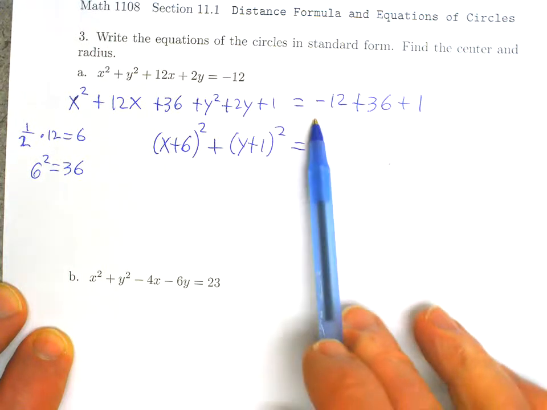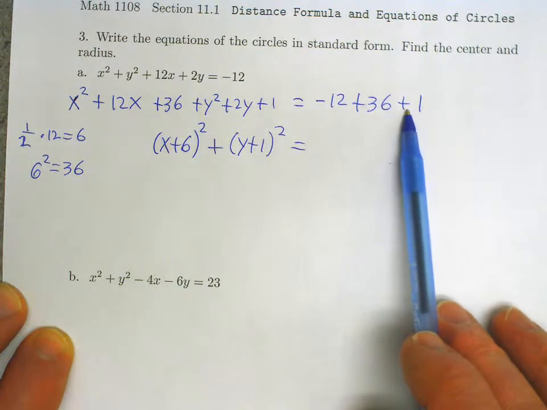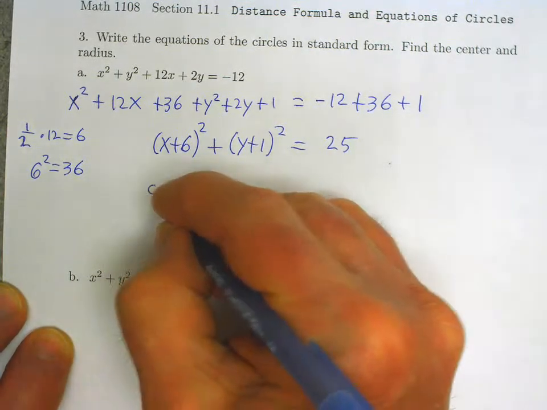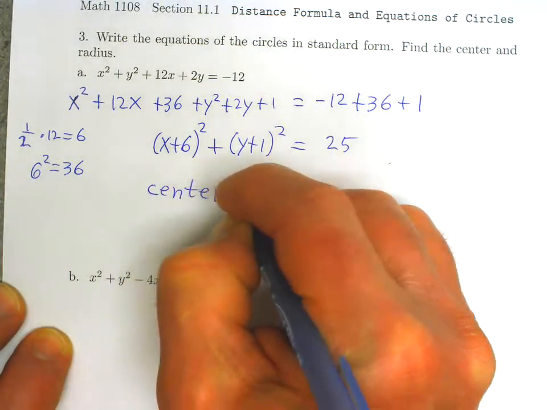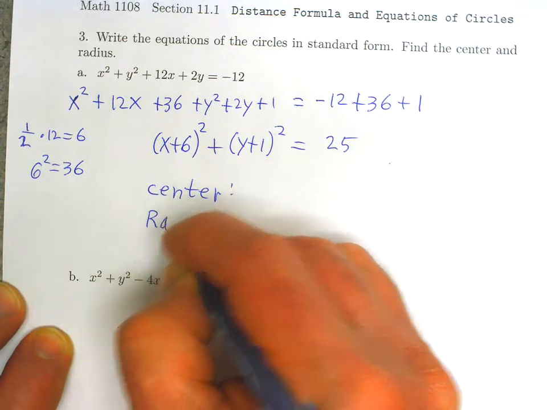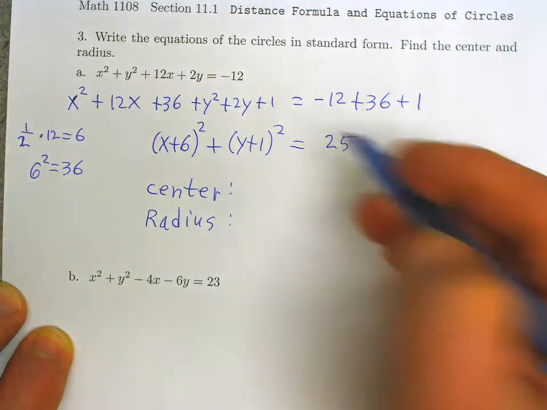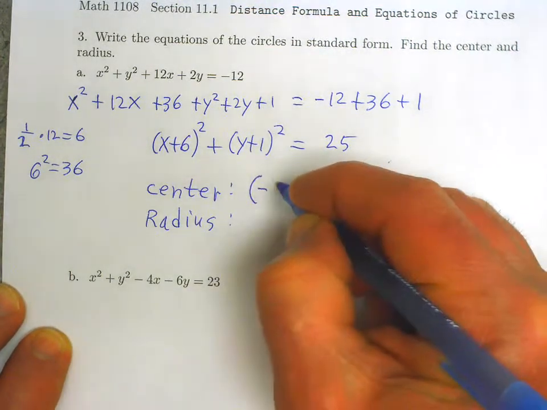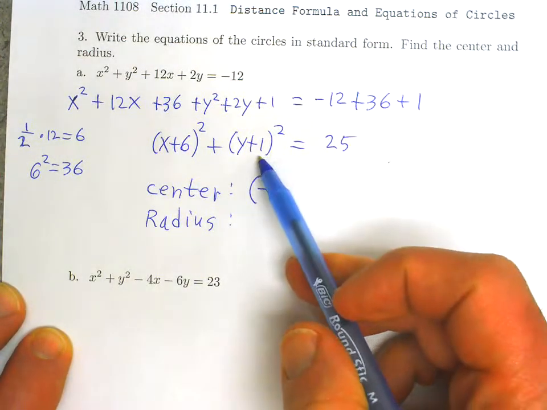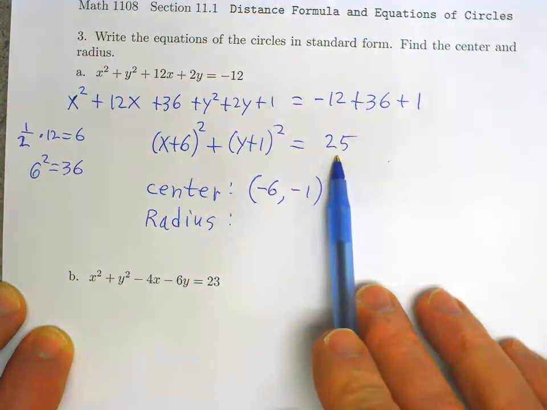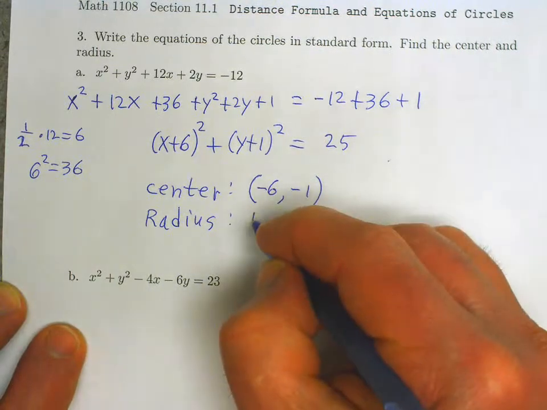And then on the right-hand side, negative 12 plus 36 plus 1, that's 25. So now we can identify the center, and we can also identify the radius. The center of this circle has an x-coordinate of negative 6 and a y-coordinate of negative 1. And the radius is the positive square root of 25, which is 5.